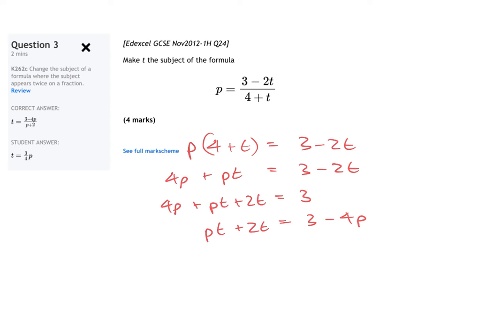On the left-hand side now, I have two terms which both have a t in them, so I can factorize. So t bracket p plus 2 equals 3 minus 4p. And then finally, I can isolate t by dividing by p plus 2. So I get 3 minus 4p over p plus 2.